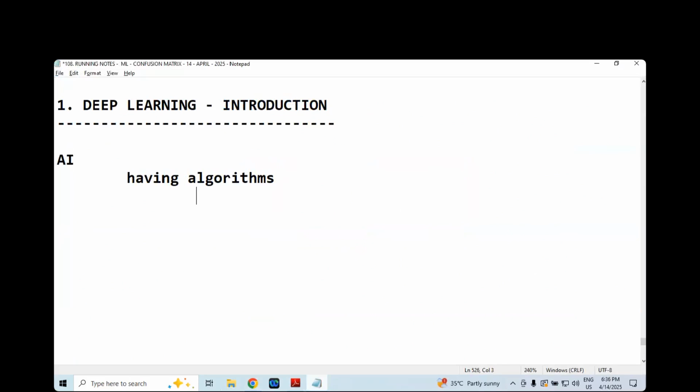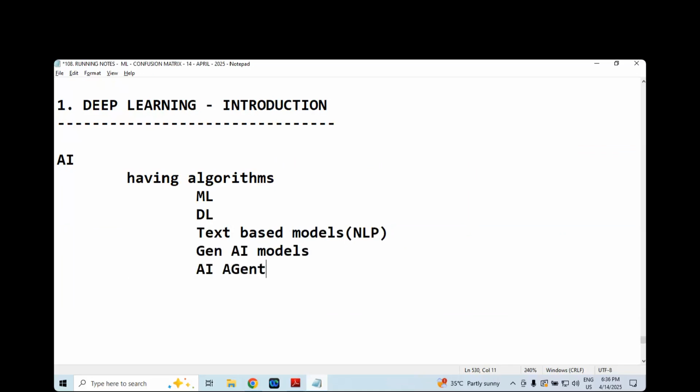These algorithms are available in machine learning, the next one, deep learning, the next one, text-based models, which is called NLP, and even advanced models, Gen AI models, AI agents. These are all topics that belong to AI. Make a note on this one.